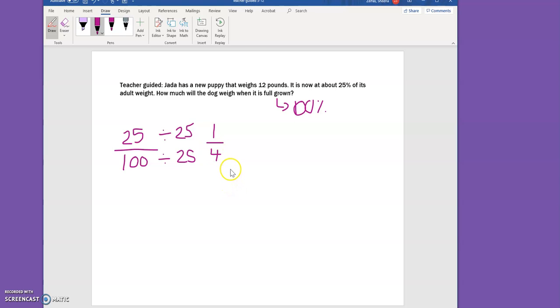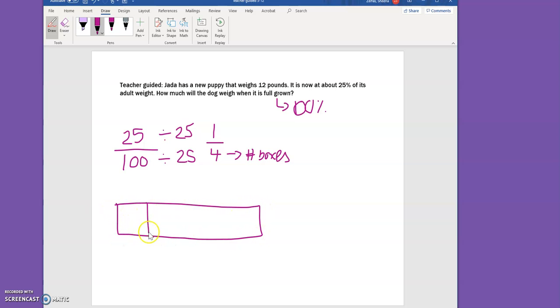Using that fraction, we're going to create a diagram. And so the 4 is going to be the number of boxes I make in my diagram. So let's draw 4 boxes.